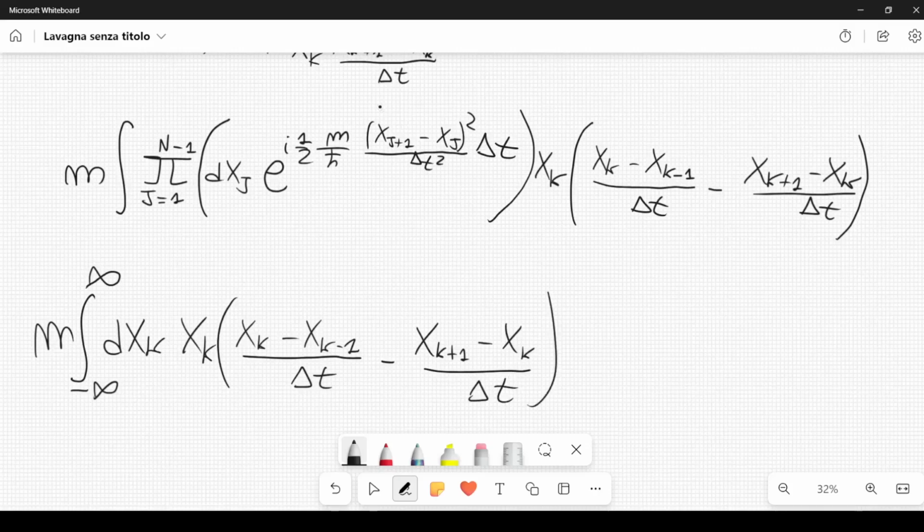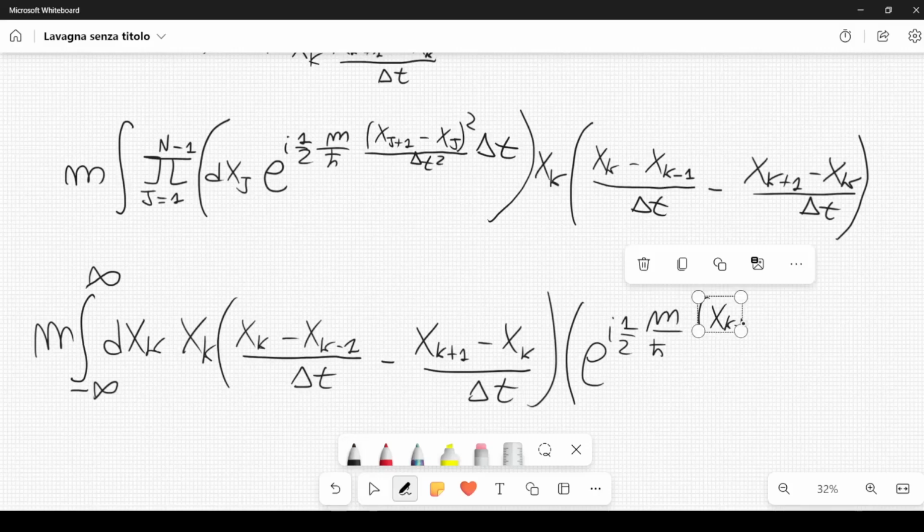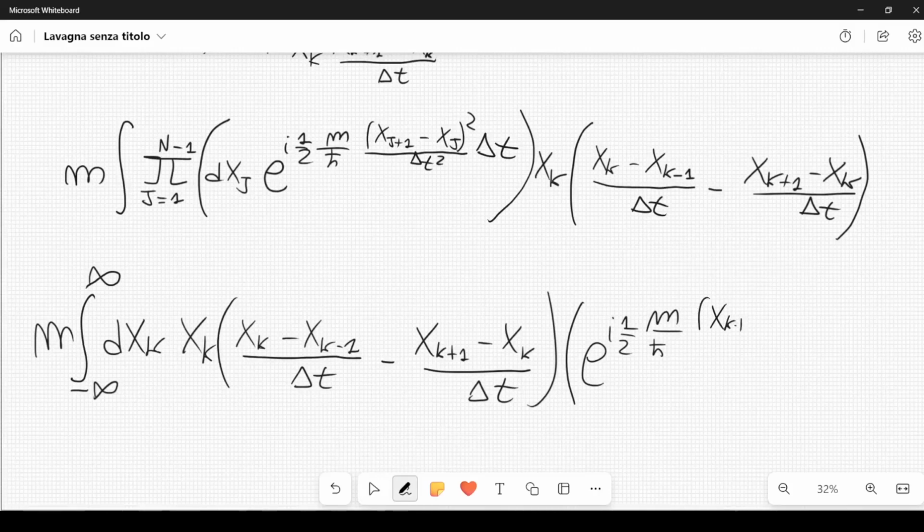And then among all these products, I'm just going to consider e to the i, 1/2 m over h bar, x sub k plus 1 minus x sub k squared divided by delta t. So I'm simplifying this delta t with this delta t squared.